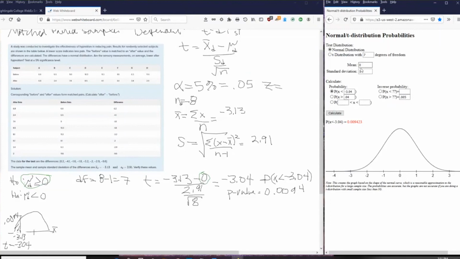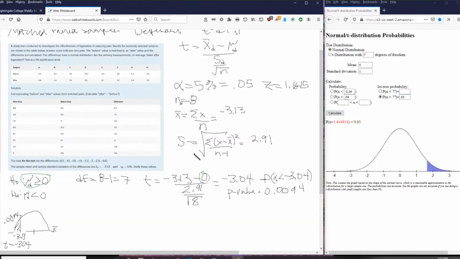If we do a normal distribution, mean 0, standard deviation of 1, and we want the probability that x is going to be greater than 5%, that is going to give me a z-score of 1.645. Okay. So now I have my z-scores on my percentages. So now I'm going to do my comparison.